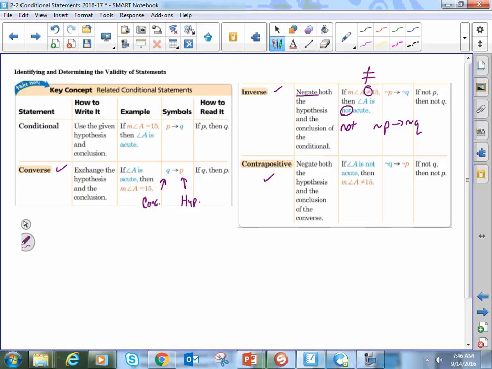So from the conditional statement, to create the contrapositive, we reverse the order of the hypothesis and conclusion and negate them at the same time. You can see here in this column, we're going to say if not Q, then not P, meaning that we change the order of the hypothesis and the conclusion, and we negate them.